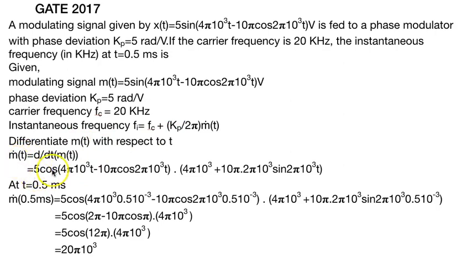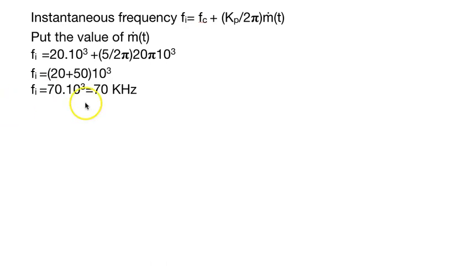We get this whole expression with the help of the product rule of differentiation. At 0.5 millisecond we get this value, and on substituting different values into this equation we get our final 70 kHz value.